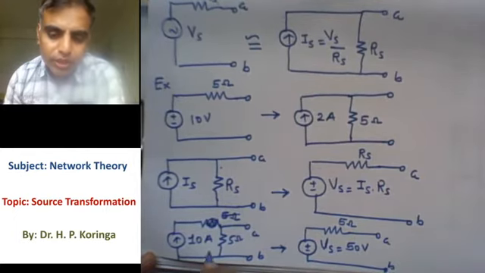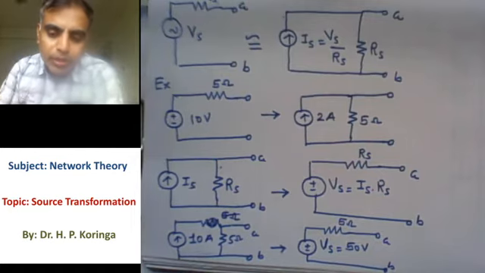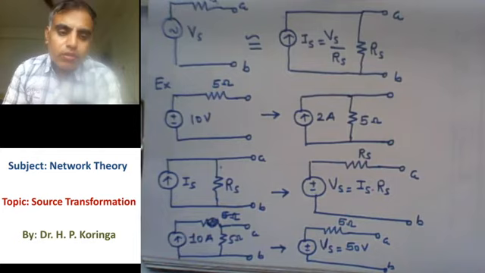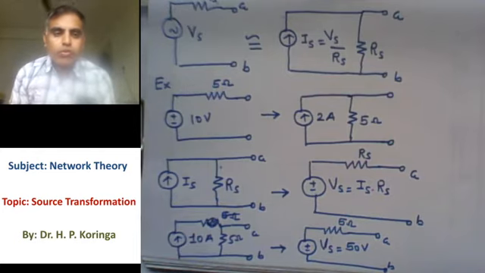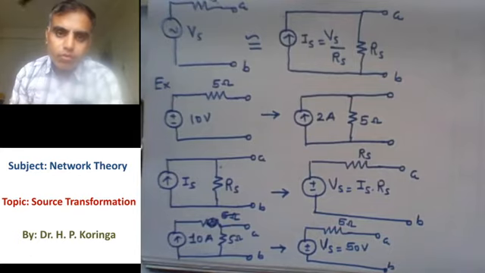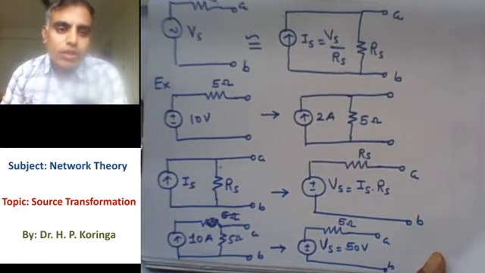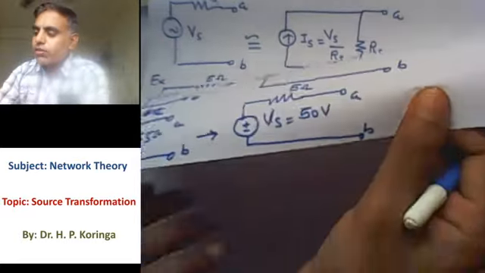So both circuits are equal. This circuit is equal to 50 volt in series with 5 ohm resistance. So it is a conversion of a voltage source into a current source and a current source into a voltage source, right? Let's take some more rules in source transformations.